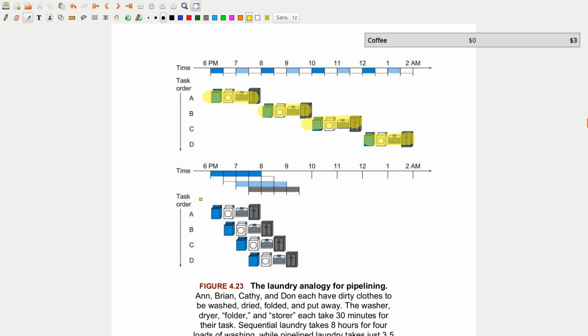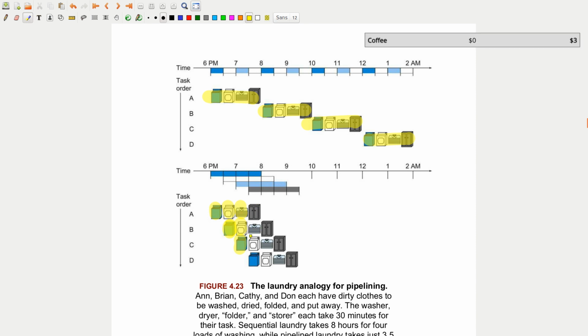However, in the pipeline approach, we can utilize all the functional units at the same time. So after the washer is done, we put it in the dryer. But now the washer is free, so we can start another load. Then the same way, when we're folding, the dryer is now done, so we can put the next load in the dryer. The washer is now done, so we can use the washer again, and over and over.